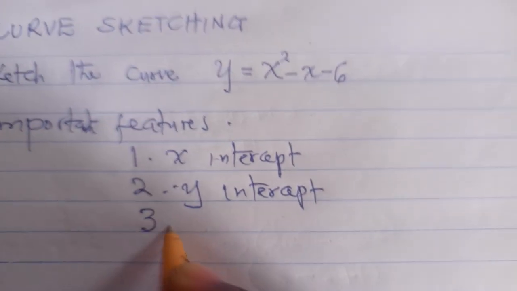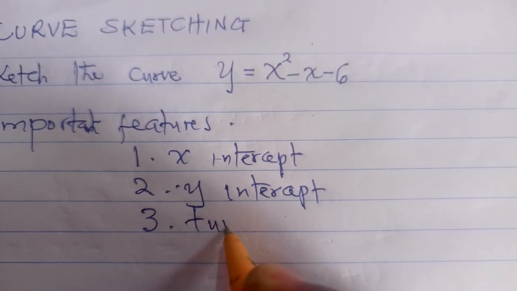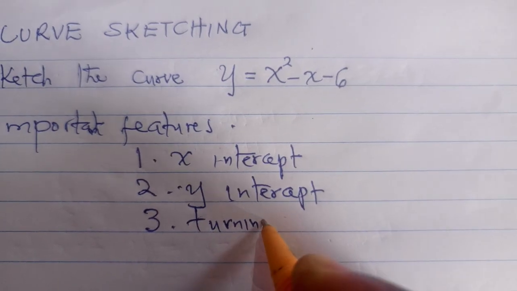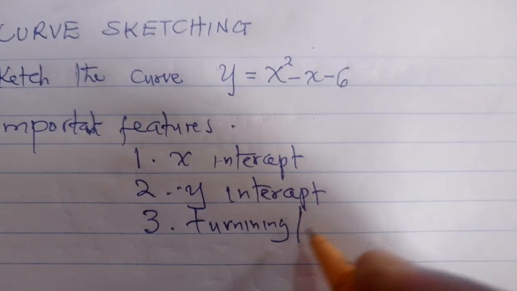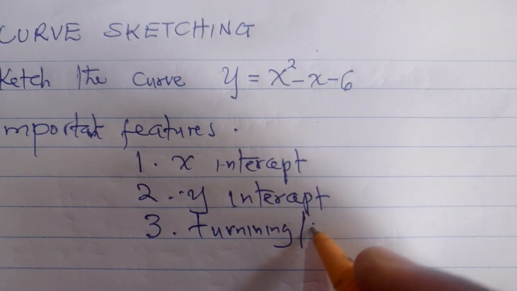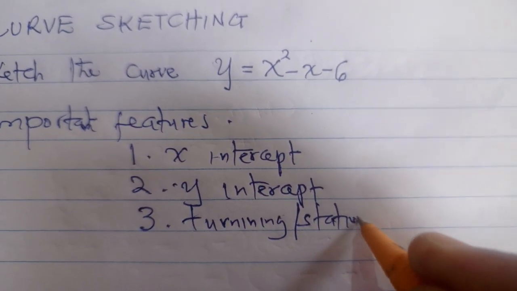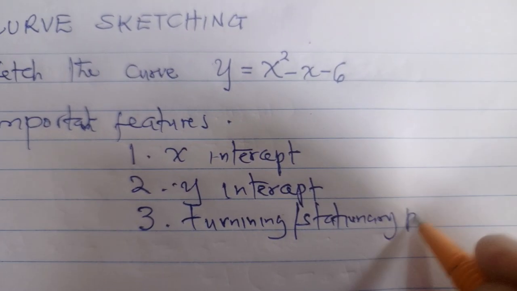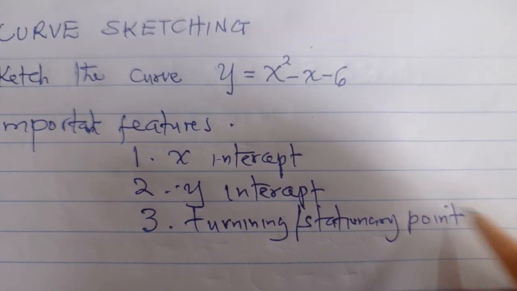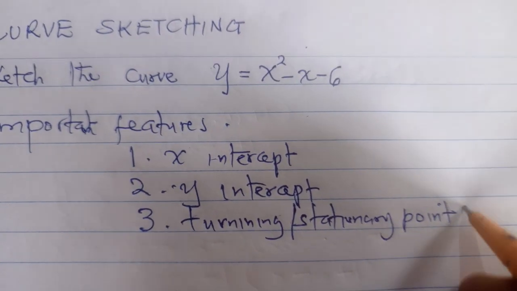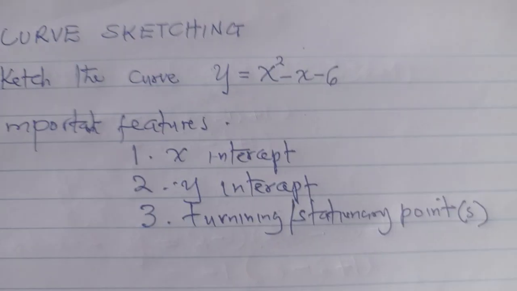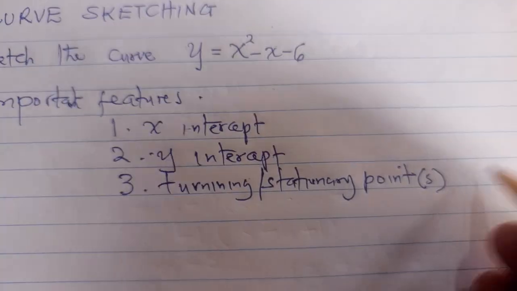And 3, the turning points, or what are also referred to at times as stationary points. And they could be one or more depending on the curve. So we could have stationary points.